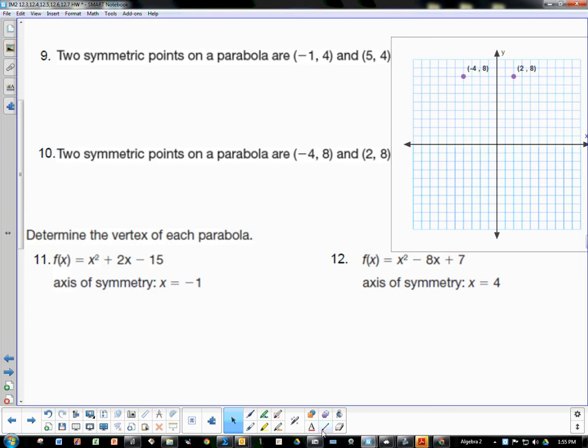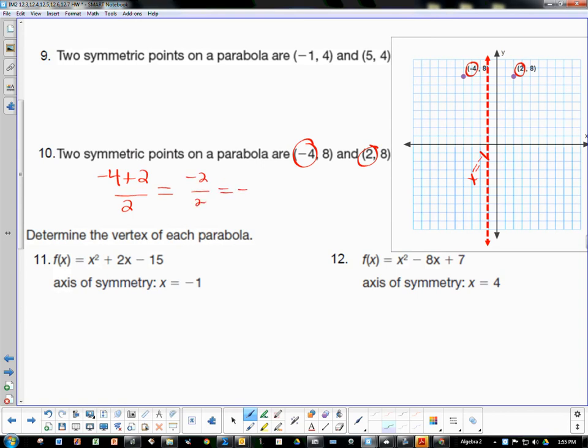Now our axis of symmetry, it's going to be directly between them. And that looks like it's going to be x equals -1. Now how do we find that? We're just going to add the -4 and the 2 and divide by 2. So -4 and the 2. Divide by 2. This is going to be -2 over 2. Happens to be -1. So my axis of symmetry is x equals -1.